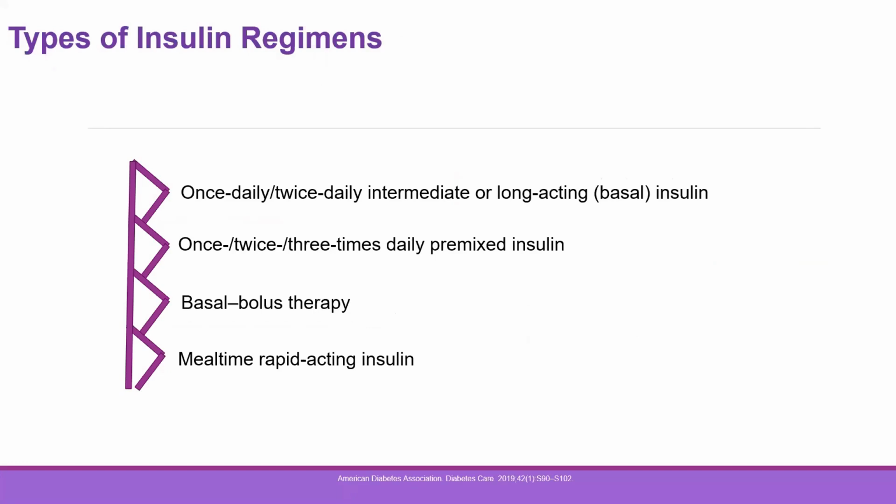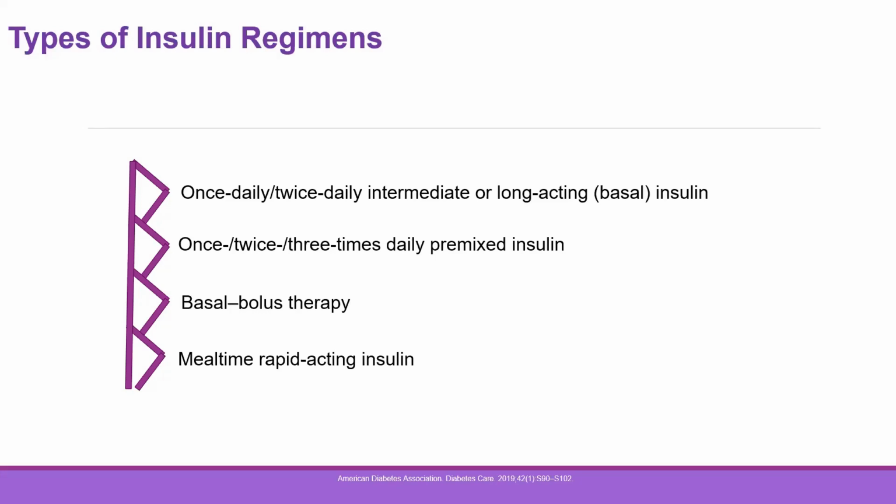If we give intermediate-acting or NPH insulin, we give it twice in a day. Most of the long-acting insulins require once-a-day therapy. So if you talk about glargine or degludec, I'll give only once-a-day therapy. But if the patient cannot afford glargine or degludec, which is much costlier than glargine, then you have to give NPH insulin twice a day, which is much cheaper.